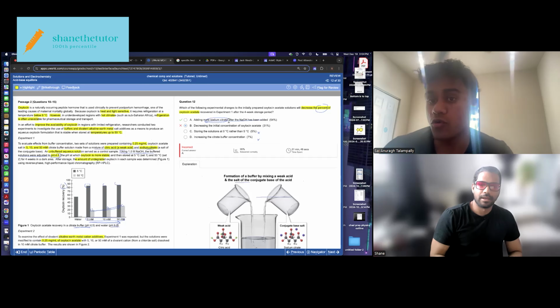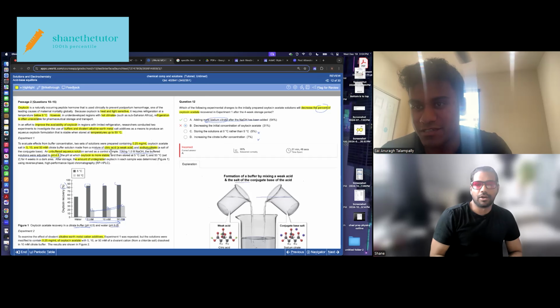I see. So it wouldn't shift left towards making more citric acid or something, right? Because I know they're in an equilibrium, no? That's correct. So it won't shift left for the citric acid because it'll likely just deprotonate whatever molecule that we see.